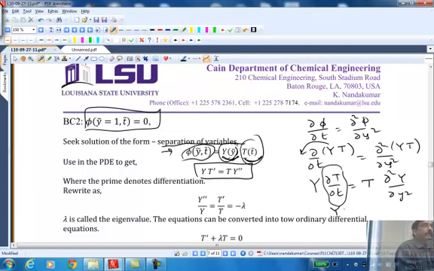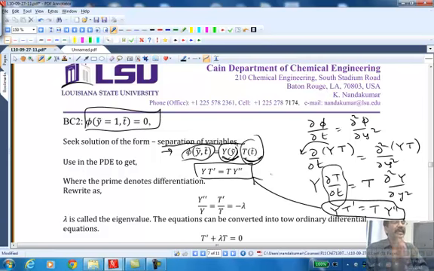So I get y times t prime equals t times y double prime. And that's what I've written there. But the prime here means derivative with respect to appropriate variable. So here the prime means it's a derivative with respect to time. T is a function only of time. Here double prime means it's a derivative with respect to y, because y is a function only of spatial value. Okay? Do you understand that? That's the idea behind separation of variables.